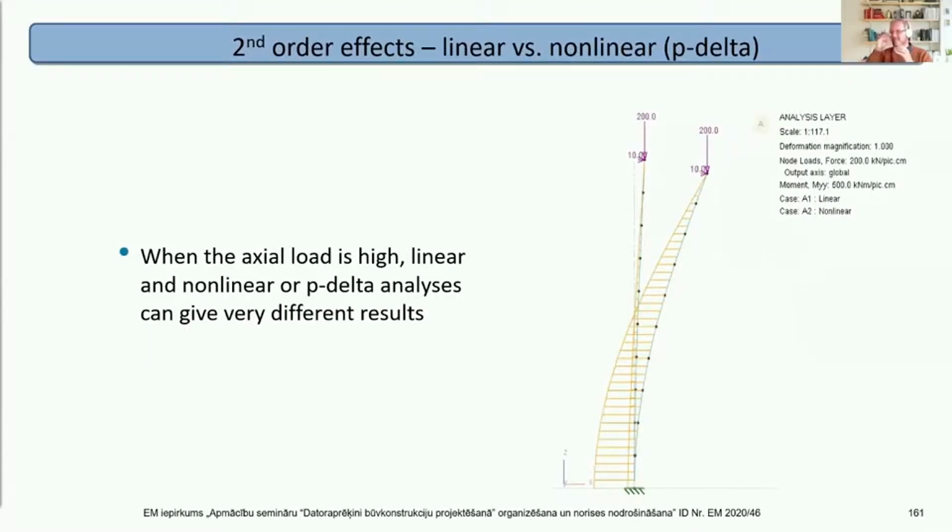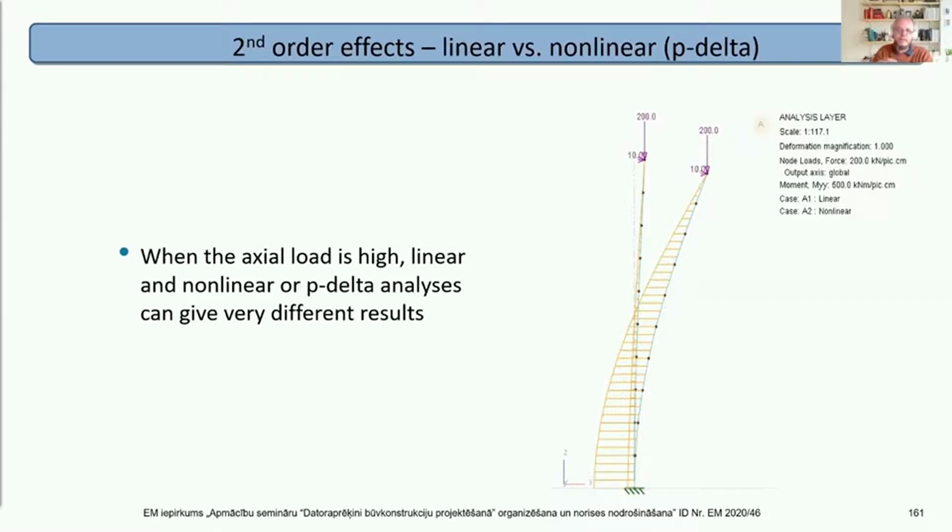So, second order effects. Like buckling, when the axial load is high, the linear analysis and non-linear or P-delta analyses can give very different results. Here we have a single column with exactly the same loading on it. In fact, this is the one model.